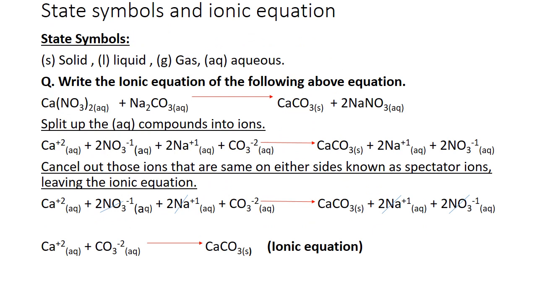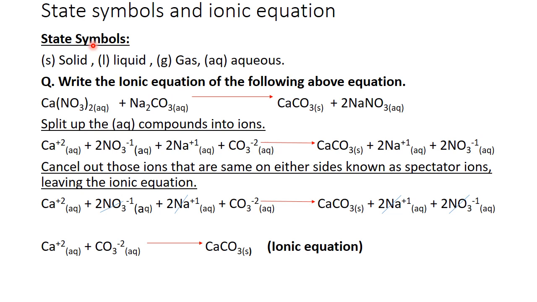Okay, so now the other topic is related to state symbols and how to write the ionic equation. There are commonly 4 state symbols: S for solid, L for liquid, G for gas, and AQ for aqueous. Aqueous are those compounds that form an aqueous solution.